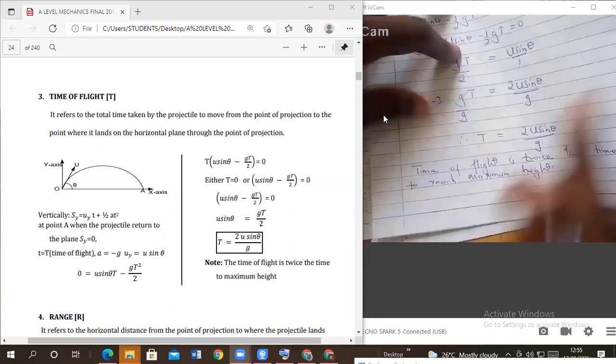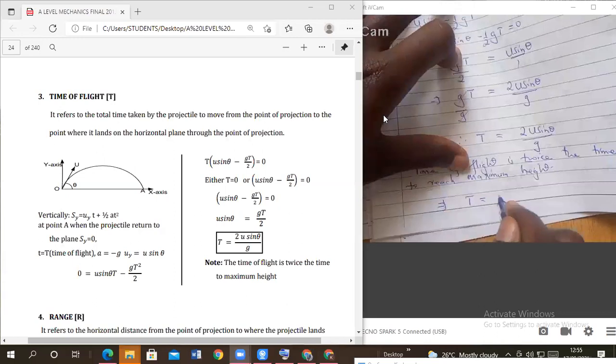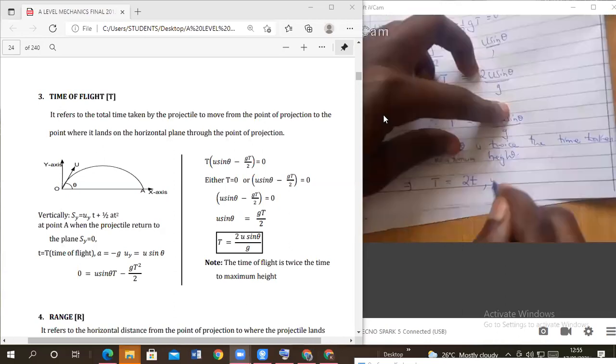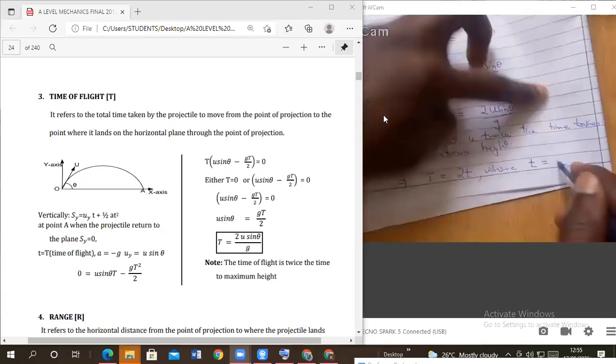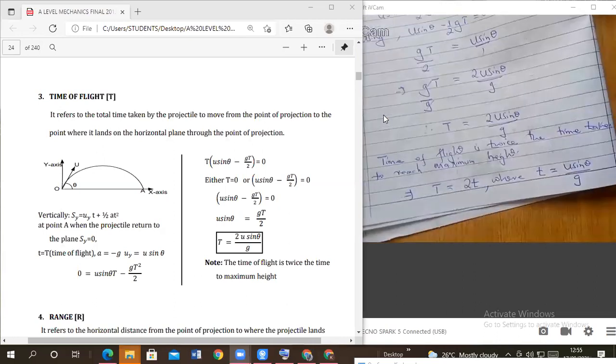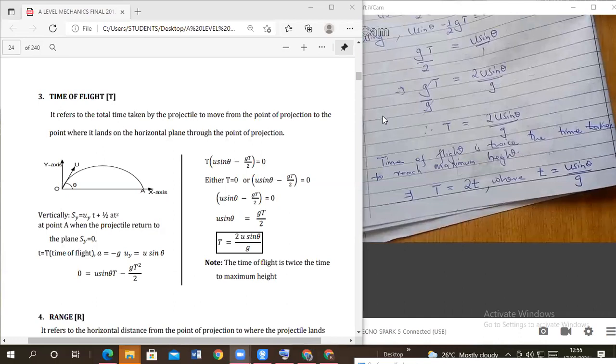So you can just say T is equals to 2t, where small t is equals to u sine theta over g. Members, are we together? Stephen? Sandra? Yes, teacher. Are we together on that? Yes. Take note of this.